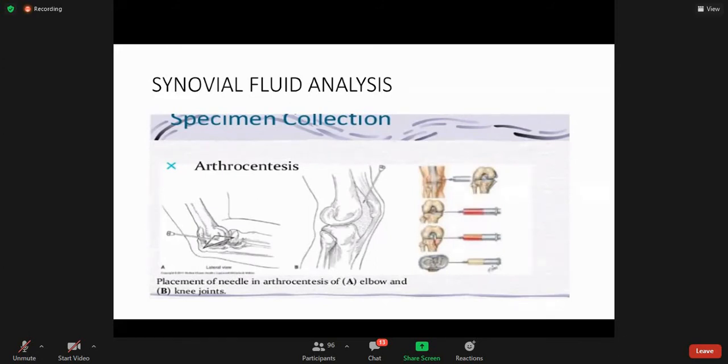You will insert a syringe in the joint cavity and aspirate the fluid. Draw the piston of the syringe back and the fluid will be aspirated. It could be aspirated from the large joints. It is not possible to aspirate the synovial fluid from small joints like interphalangeal joints.